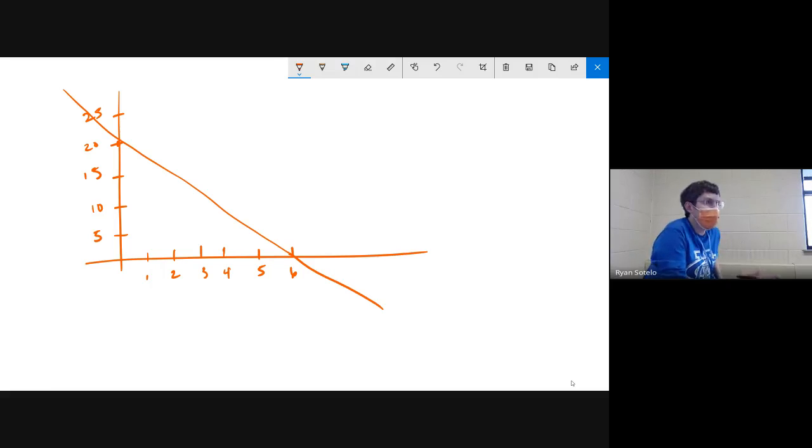So here's a function. This represents how far you are from your house over a 6-minute period. So this is minutes. And this is feet. And this is how far you are from your house. Starting from time 0, how long does it take you to get to your house?